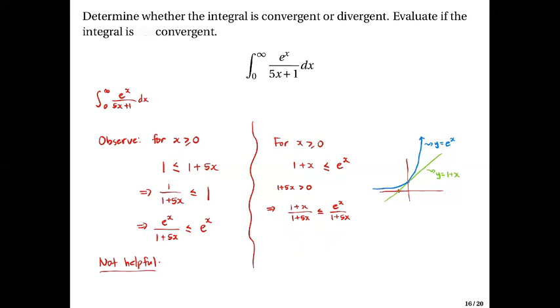And then, let us play with this guy here. Let us multiply 5 on both sides. We will have 5 plus 5x over 1 plus 5x, which will be less than or equal to 5e to the x over 1 plus 5x.